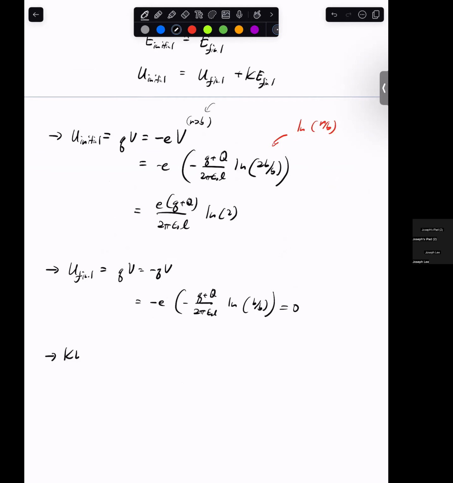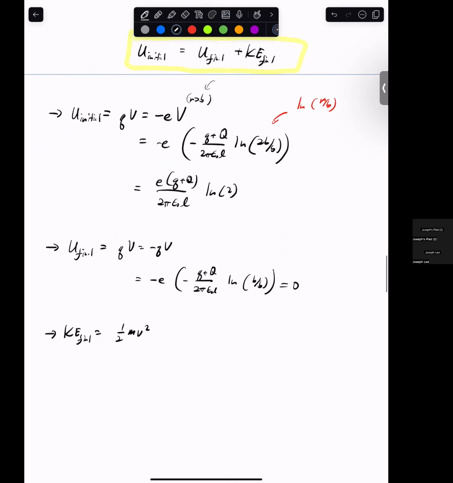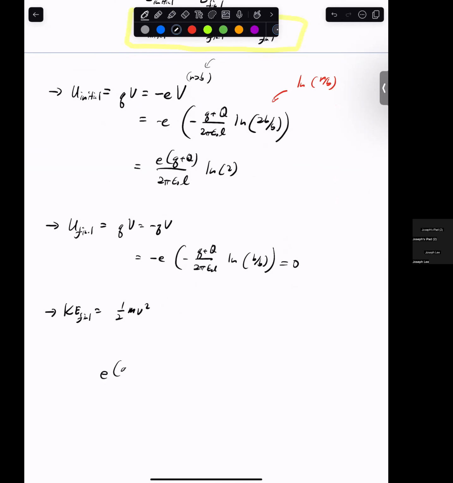Finally, the kinetic energy should be equal to 1/2 mv squared, which then means if we set up our equation from up here, we should get EQ plus Q over 2 pi epsilon naught L, natural log of 2, is equal to 0 plus 1/2 mv squared.